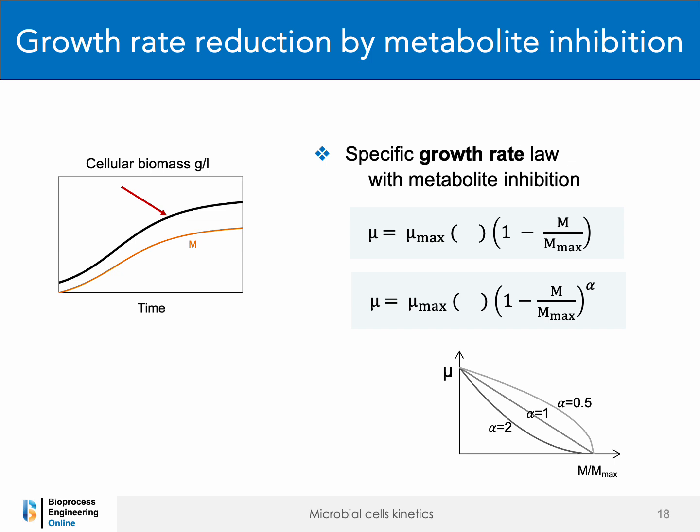More complex, nonlinear metabolite inhibition patterns can also occur. For example, the rate-limiting term may take the form 1 minus m over m max to the power alpha, where alpha determines the shape of the inhibition curve. Depending on the value of alpha, the mu versus m curve can exhibit either upward or downward concavity.